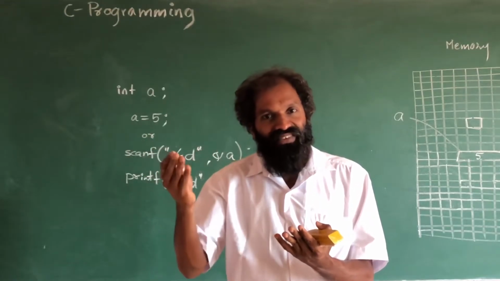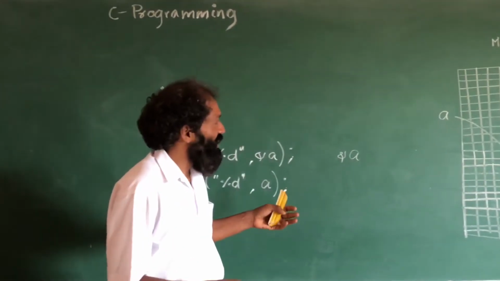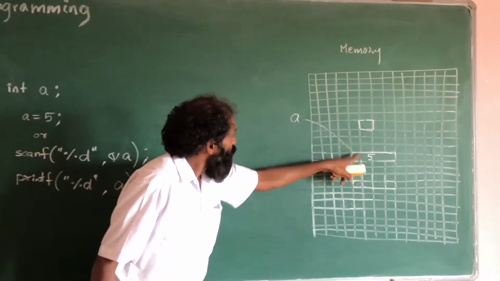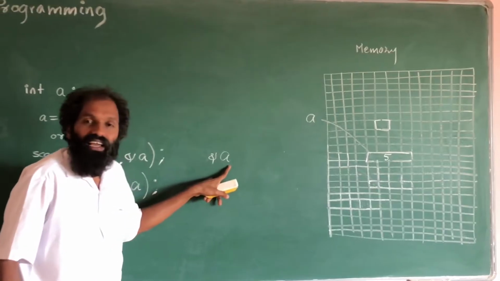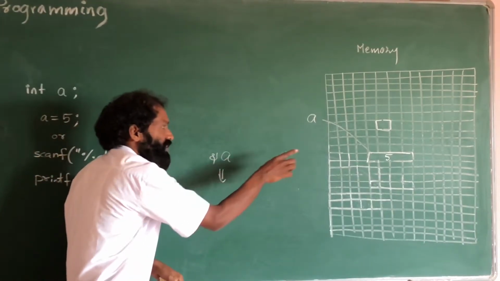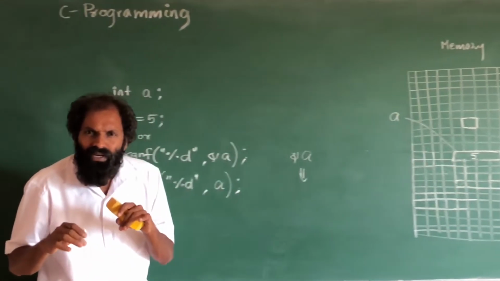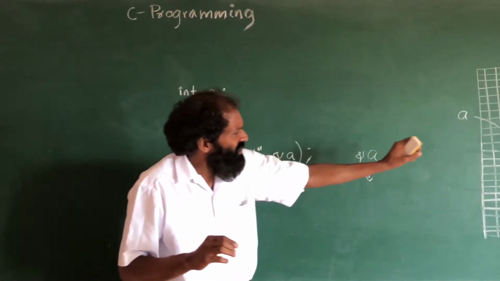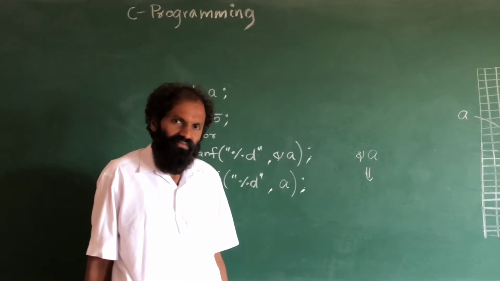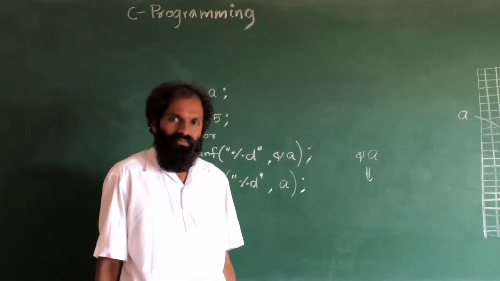Otherwise someone else will take it. Here, once we write ampersand A, it will give exactly the address of that particular location. So whatever you type, that number will be stored in that exact location. So no confusion. That is why ampersand A is required.